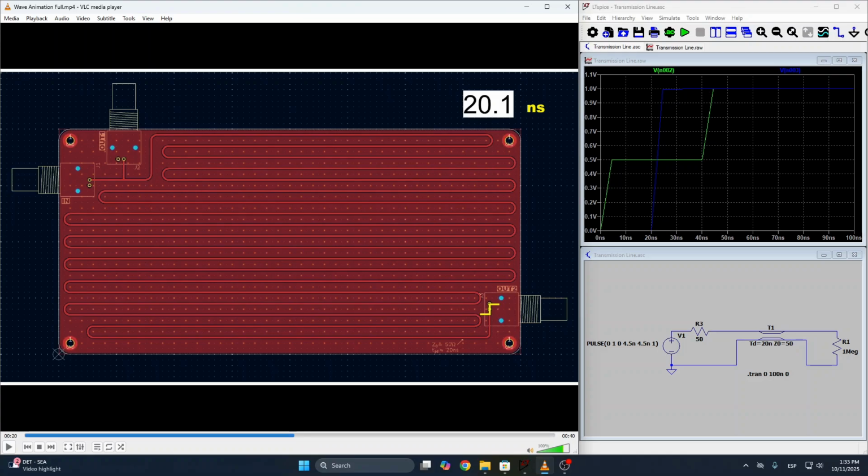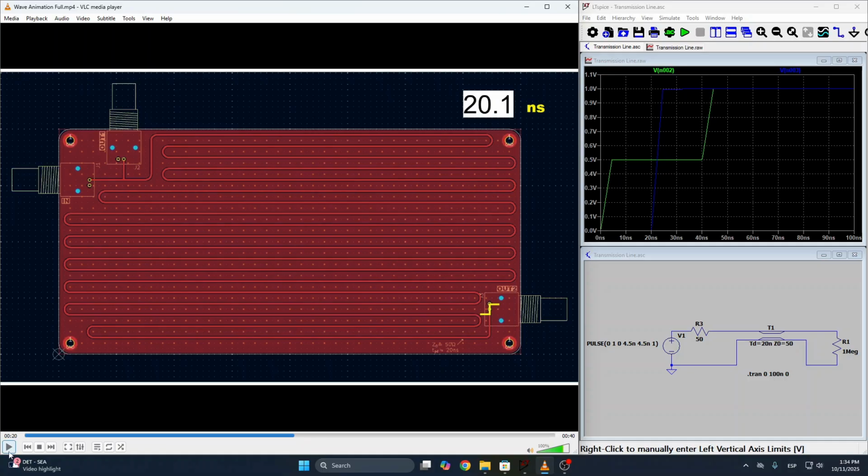Here at the output 2 connector, the incident and reflected wave add up immediately, producing a full 1 volt step, which is what we see in the simulation on the blue line: after 20 nanoseconds we observe a full 1 volt step, which is the result of the 0.5 volt incident wave and the 0.5 volt reflected wave being added together. And now the reflected 0.5 volt wave starts to propagate back.